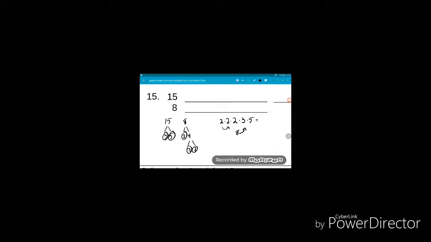That's 24. 24 times 5, 120. If you do it by hand, you'll get 120. So the smallest number that 15 goes into and 8 goes into is 120.